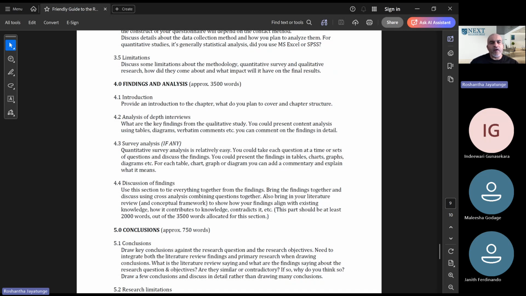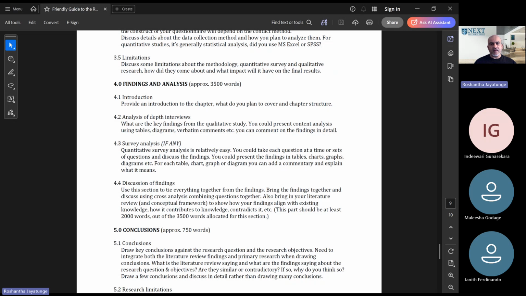Put your bulk of writing into those 3 areas. Discussion of findings should be at least 2,000 words. So right away, mark it that you need to put 2,000 words into your discussion.